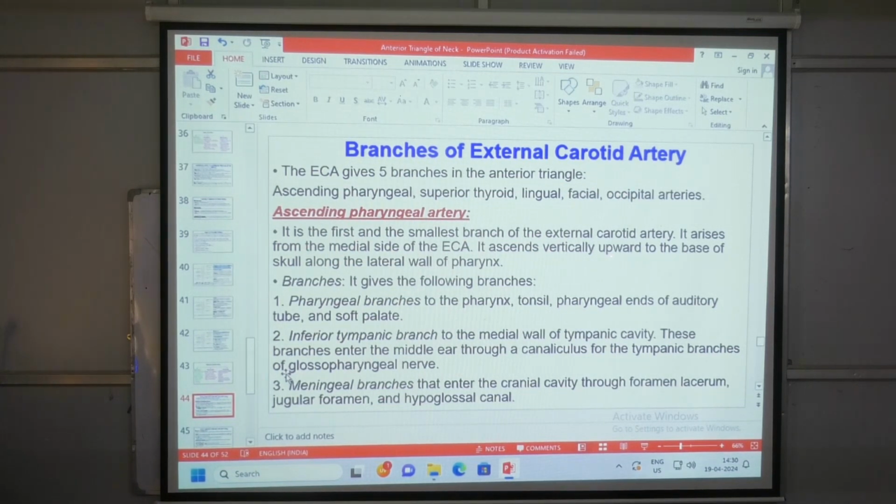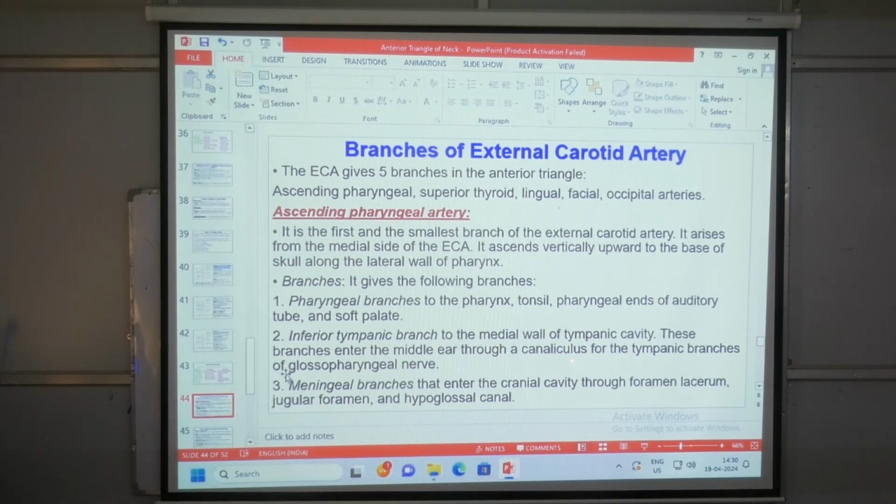First and smallest branch of external carotid arises from the medial side of external carotid artery, ascends vertically upward to the base of the skull and along the lateral wall of the pharynx. It gives pharyngeal branches to the pharynx, tonsil, pharyngeal ends of auditory tube and soft palate.